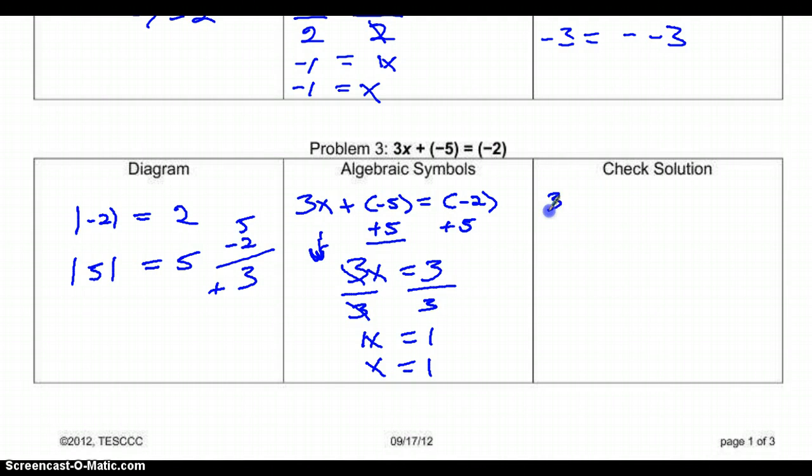So here I have 3 times 1, that's what x said, so we're replacing x, plus a -5 is going to equal a -2. We don't know that, so we put a question mark there. When I multiply 3 times 1, I'm going to get 3 plus a -5, and we're trying to determine if it equals a -2.